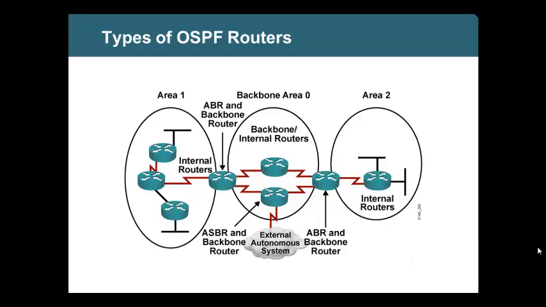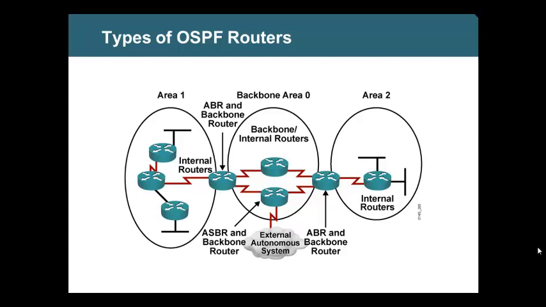Yeah, in the previous class we did a demo where we had an ASBR, ABR, and internal routers, and we were able to ping from one area to the remote area via area 0. And I showed you different LSA types by typing the show ip ospf database command.